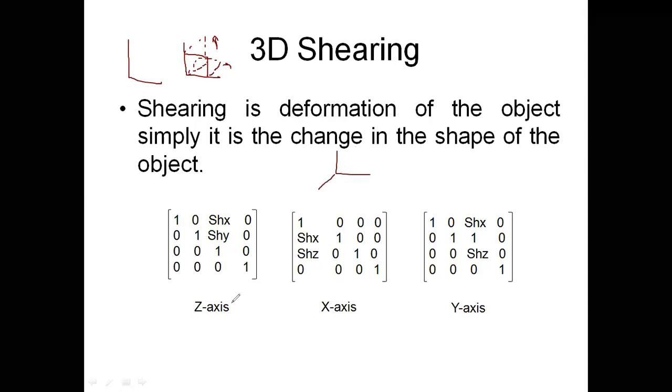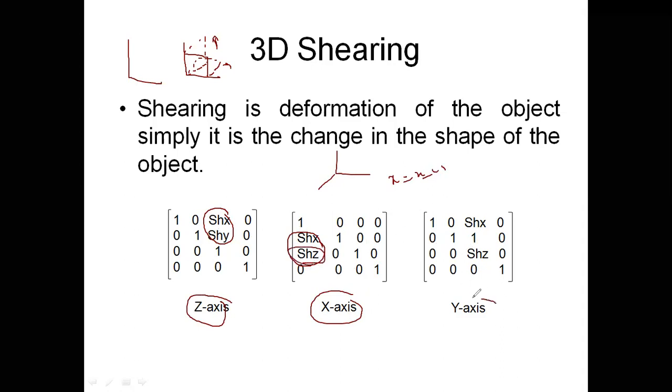When we do the shearing along the z-axis, all the shearing will take place in the x and y directions. When we do the x-axis shearing, then the x and z parameters will get sheared, which means the sheared value will be added to x, and likewise the sheared value of z will be added to it.